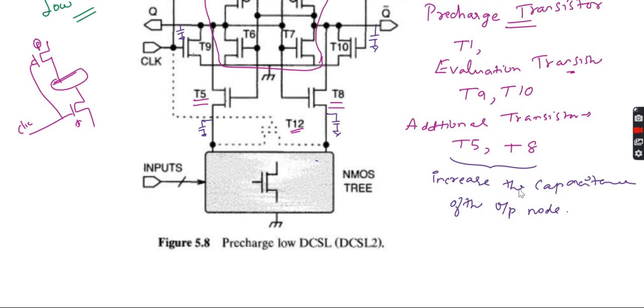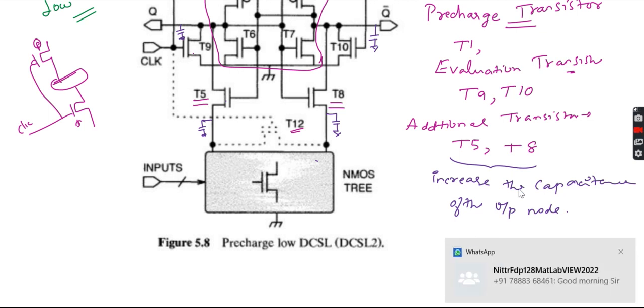The gate becomes better than the previous methods in terms of power consumed and propagation delay as the NMOS tree grows.